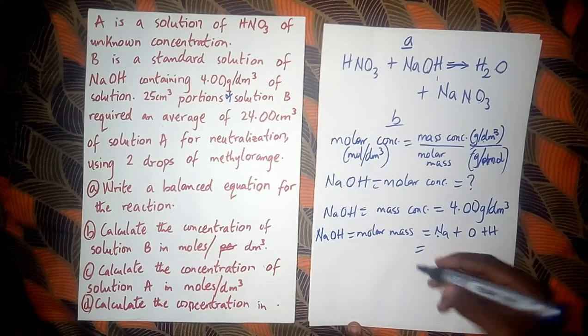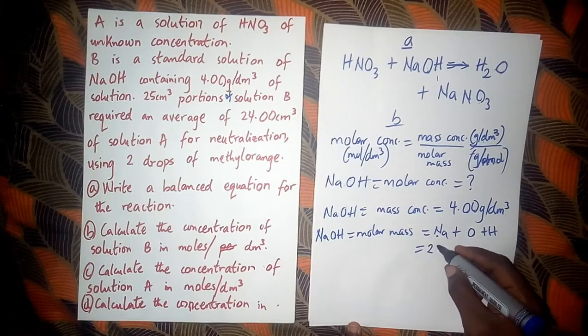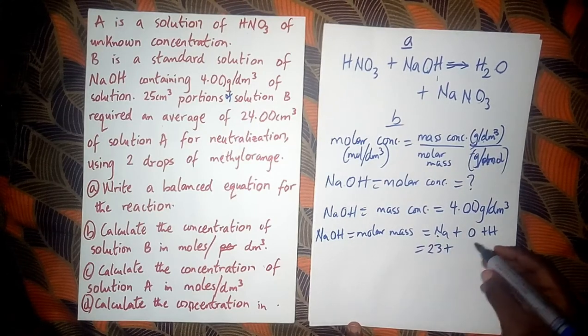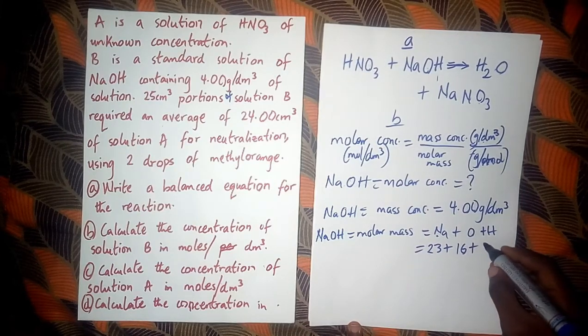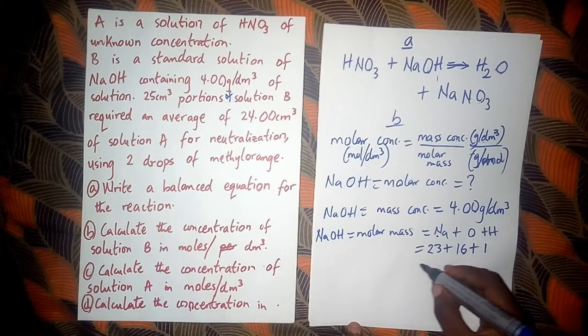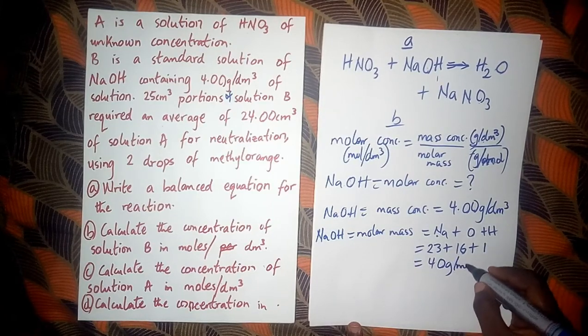From our periodic table, that is 23 plus 16 for oxygen plus 1 for hydrogen. Everything here will give us 40 gram per mole.